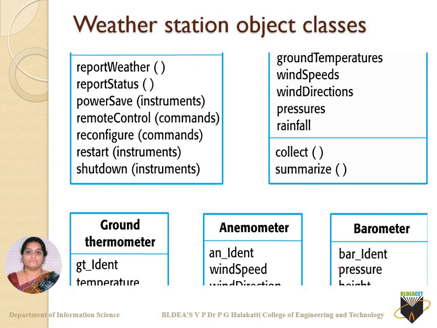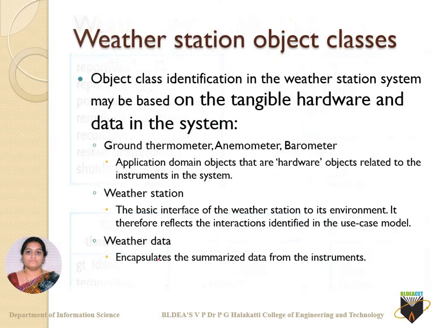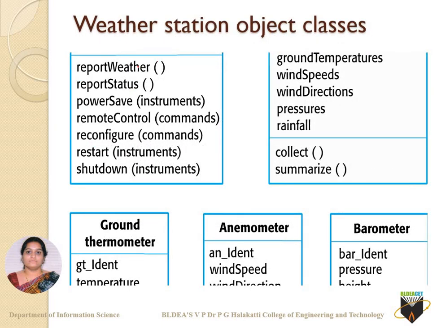Similarly for the barometer, there will be a bar identification, pressure, and other things. Similarly, I have ground temperatures, wind speeds, wind directions, pressures and rainfall, which you can call the weather data collection. Similarly for the weather station, it can have report weather, report status, and power save, which takes a collection of arguments called instruments.